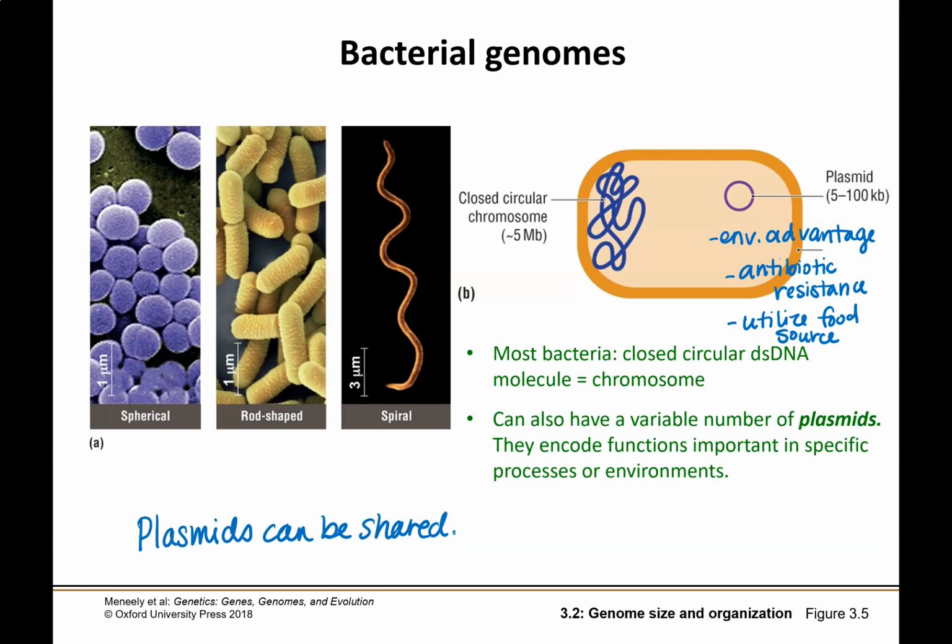And so this is one way that bacteria can exchange genetic information. They don't reproduce sexually like most eukaryotes do, and so they have to have other ways to exchange genetic information.